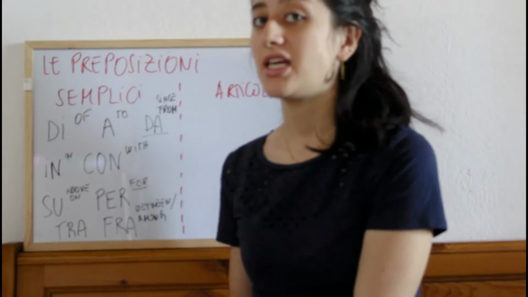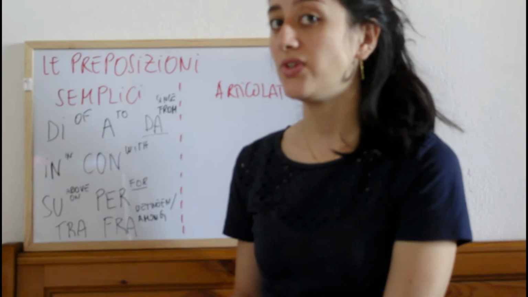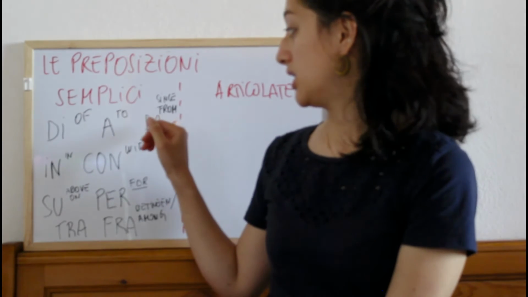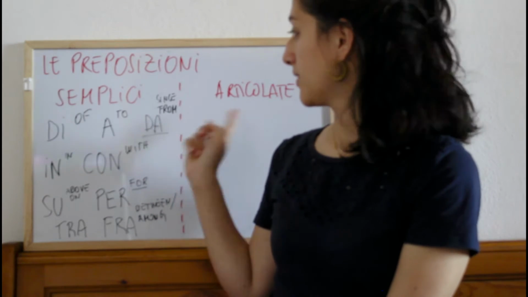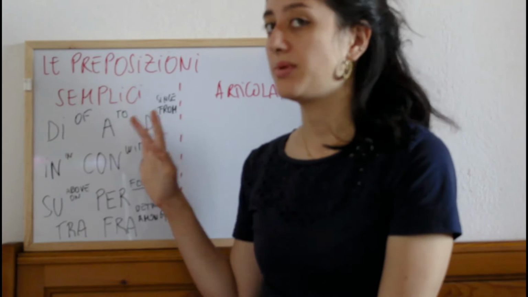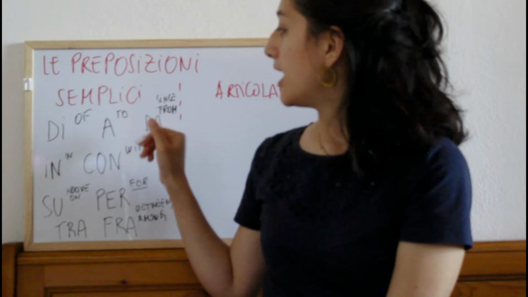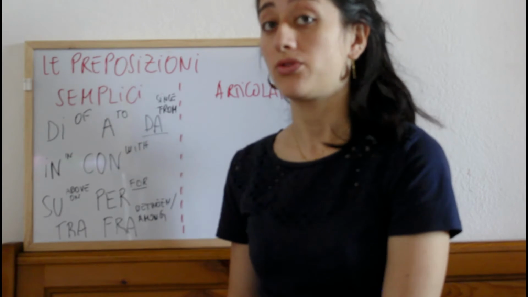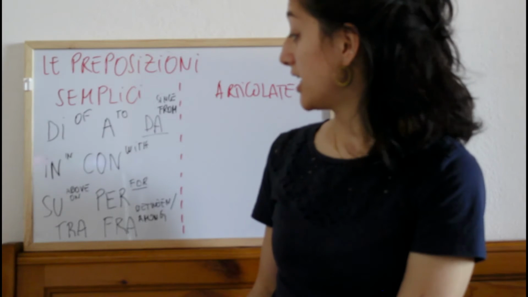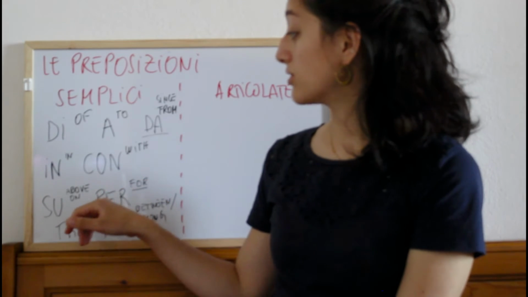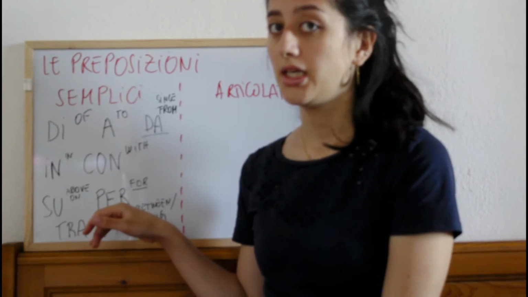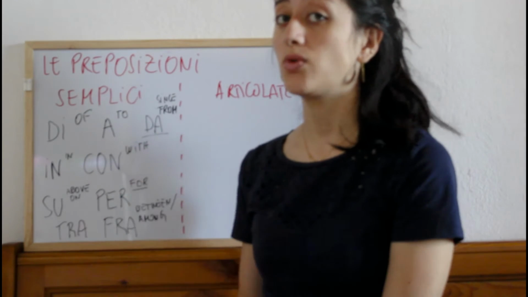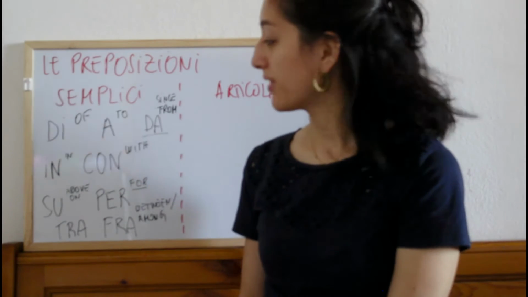So either you say I live here since 2015, you use dal, which is still the same preposition da, or you say I live here for 3 years, then you don't have to use per, but you still use da. Vivo qui da 3 anni.